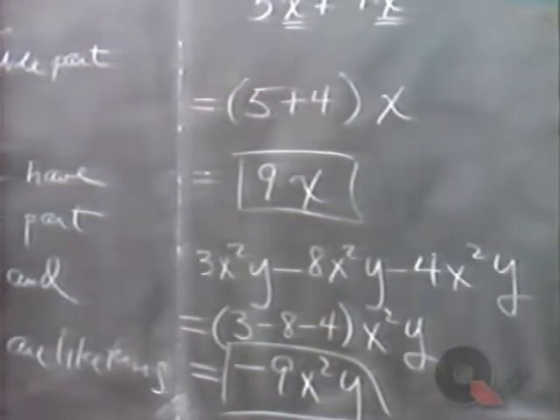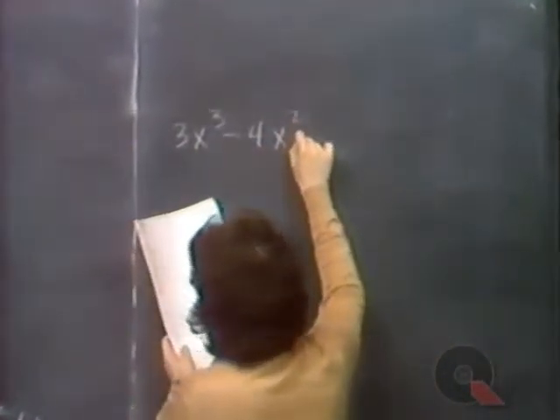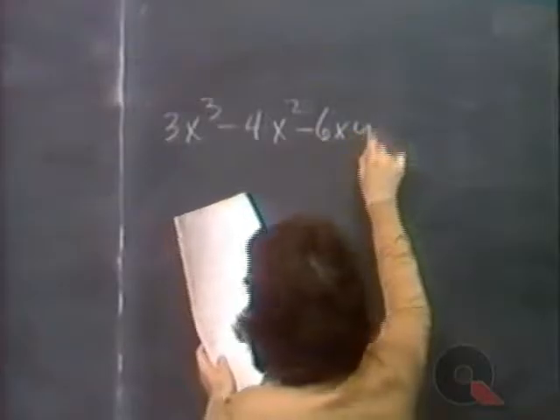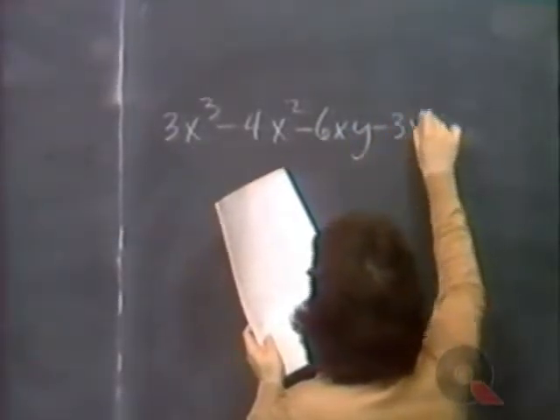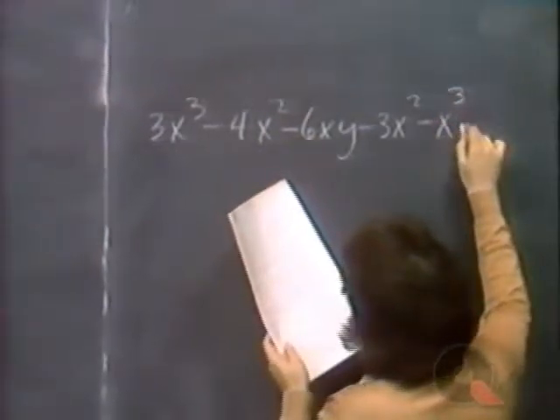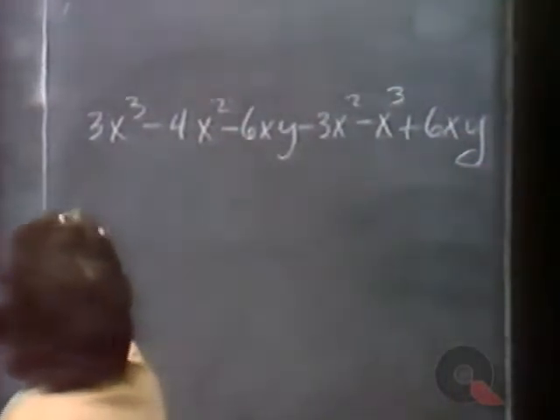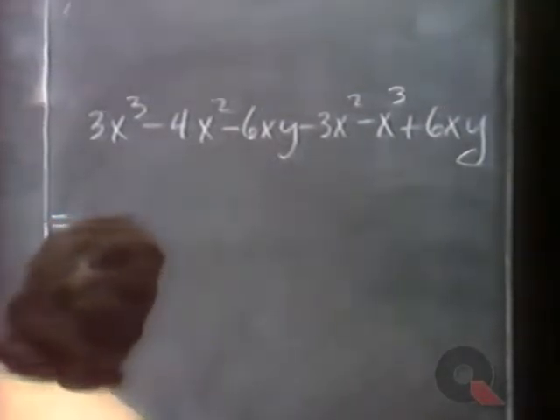So let's try another example. 3x cubed minus 4x squared minus 6xy minus 3x squared minus x cubed plus 6xy. We would like to simplify this algebraic expression.